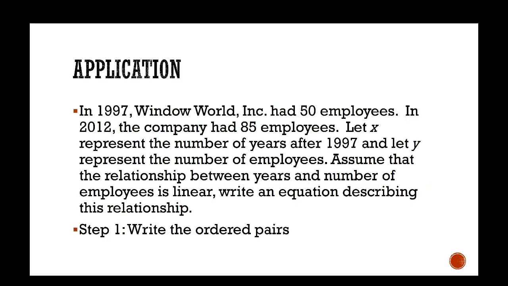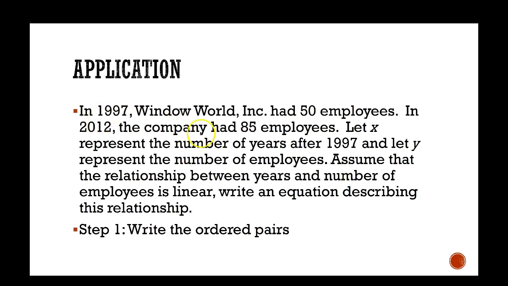Okay, so now let's put this into practice. This point slope form has some relevant use to some things, so let's look at some of these examples and I'll walk you through what are the steps to utilize the point slope form in this application. So this problem is talking about Window World having 50 employees, and then in 2012 the company had 85 employees, right?